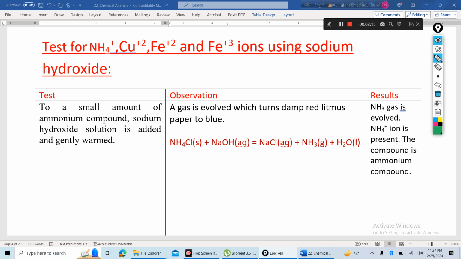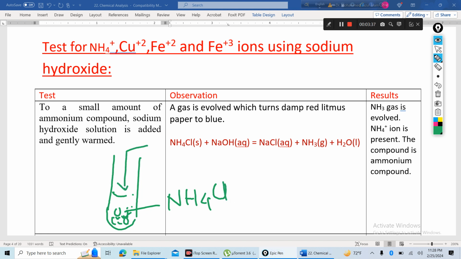So what you will do, at first you will take a boiling tube. You take some ammonium compound, say ammonium chloride. After that you will add sodium hydroxide.